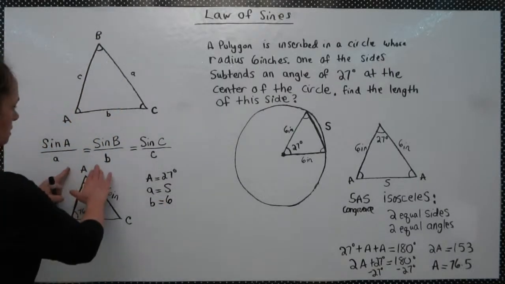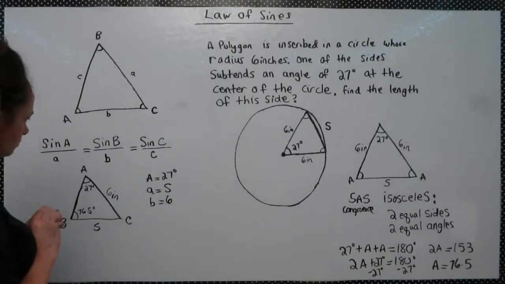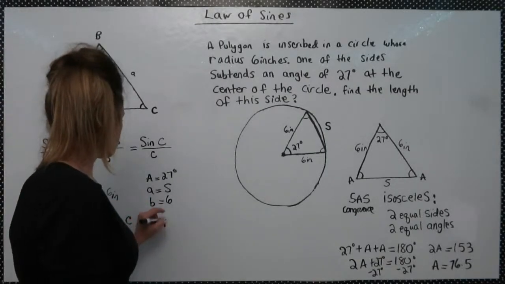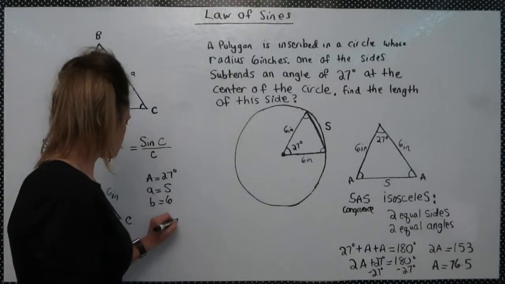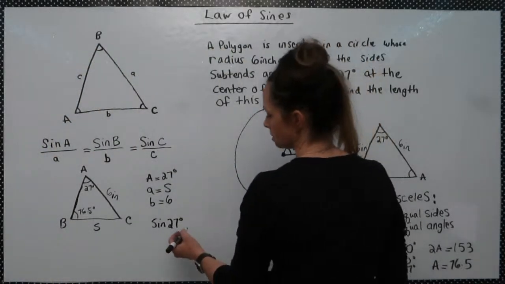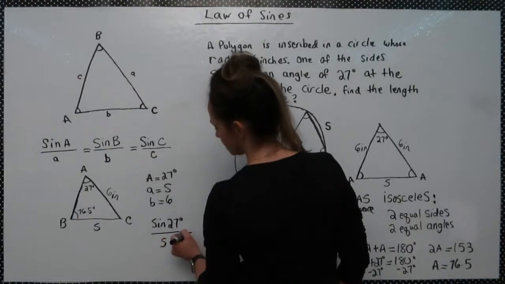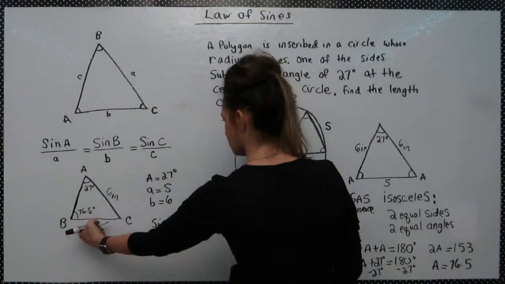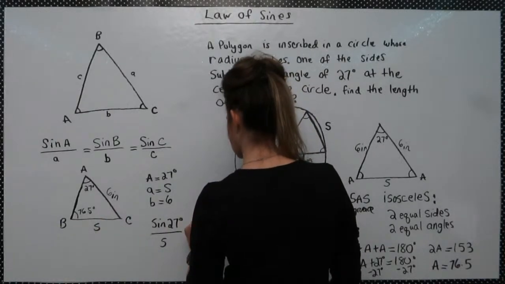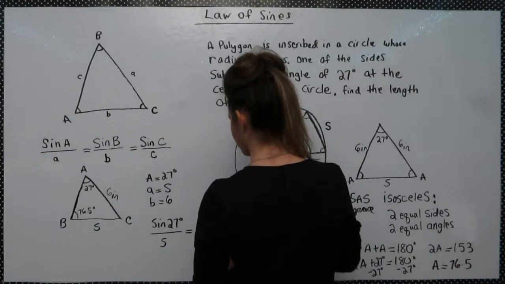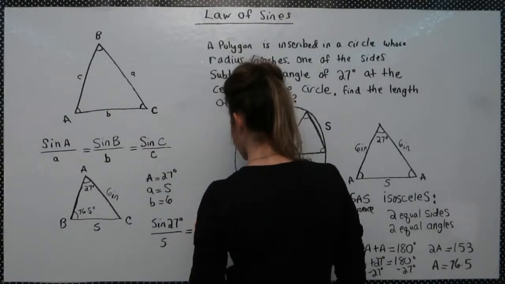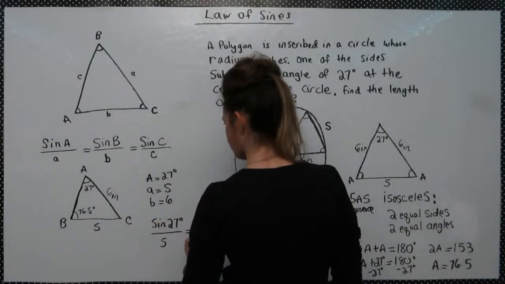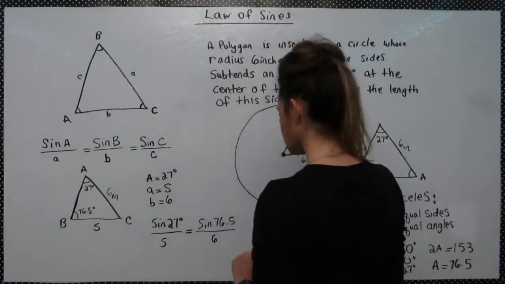So then we're just using these two. And we'll say sine A, 27 degrees, over side A equal sine B, sine of 76.5 over 6, the 6 inches.